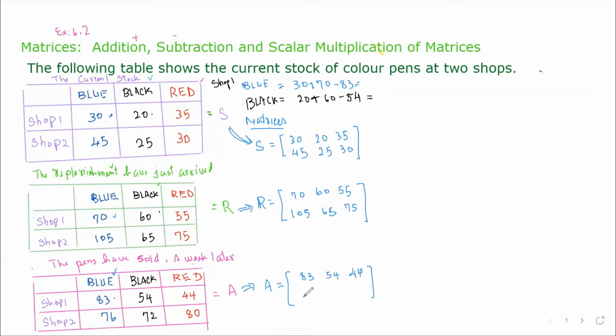And this one left 76, 72, 80. Okay, so you can see the matrix S represent the current stock, and matrix R represent the new cargo just arrived. That means you increase, right? And then A represent 1 week later, the pens has sold out according the number here.